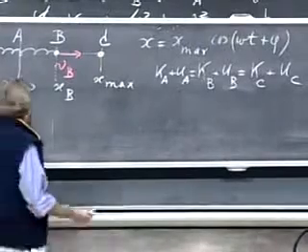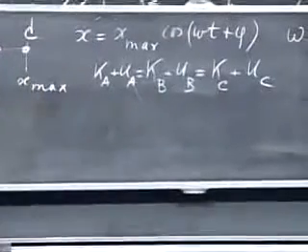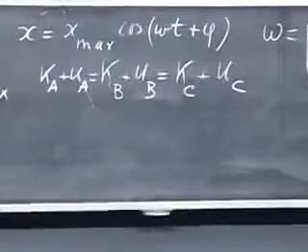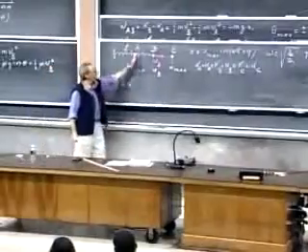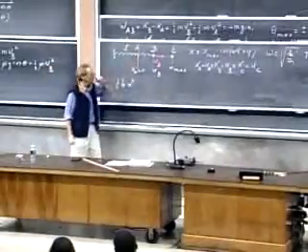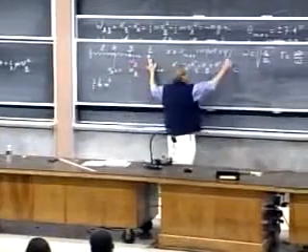Well, the potential energy at A is 0, because remember, the potential energy of a spring is 1/2 kx squared, if x is the displacement from its relaxed position. So this is 0.